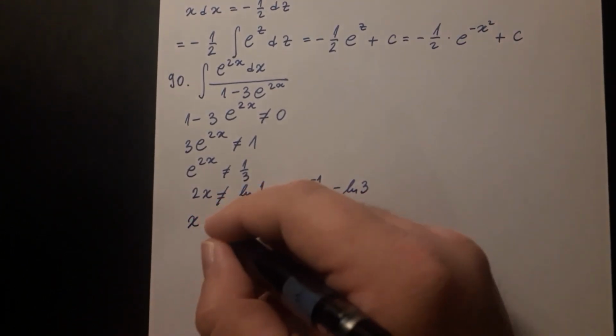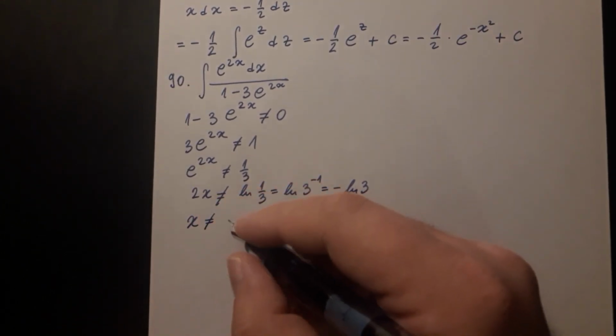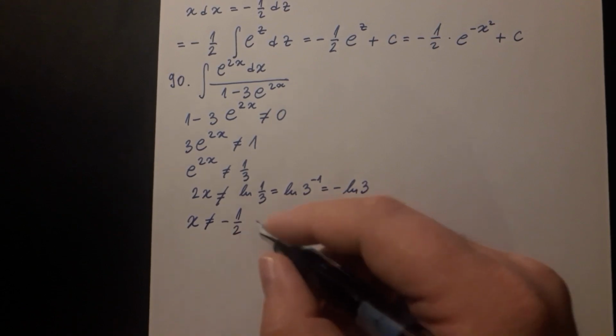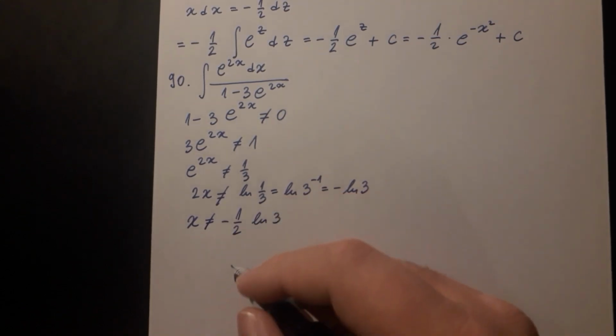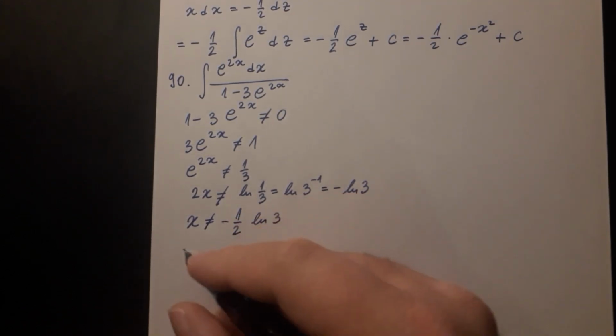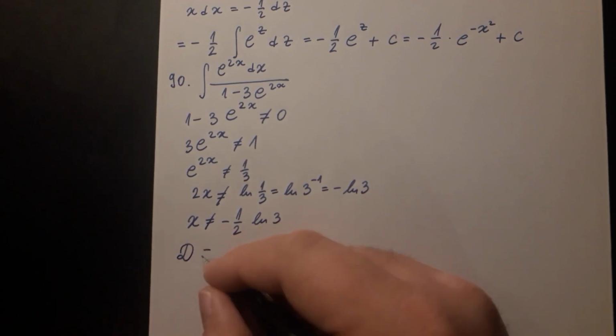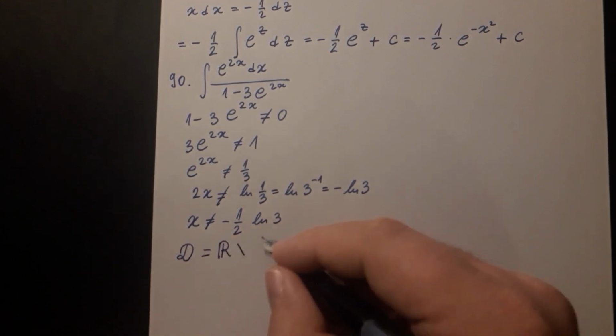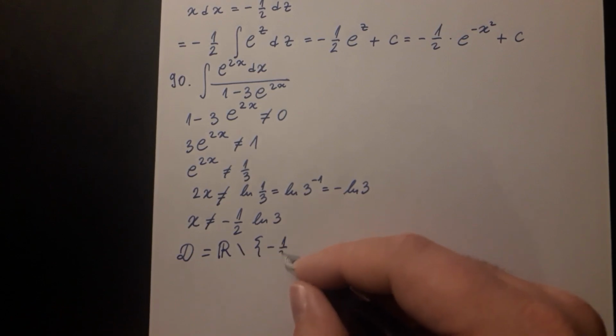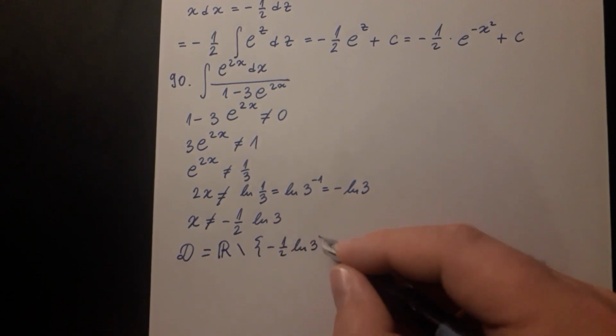Well, x then has to be different from negative 1/2 ln of 3. Area in which this integral is defined is for all real numbers except the number negative 1/2 times ln of 3.